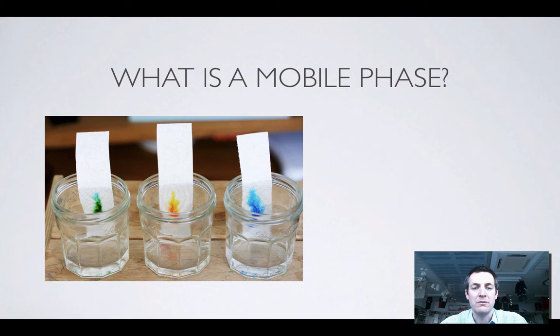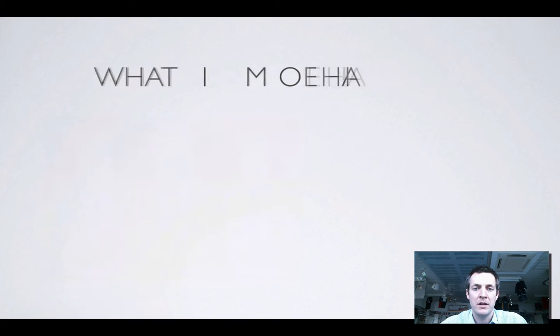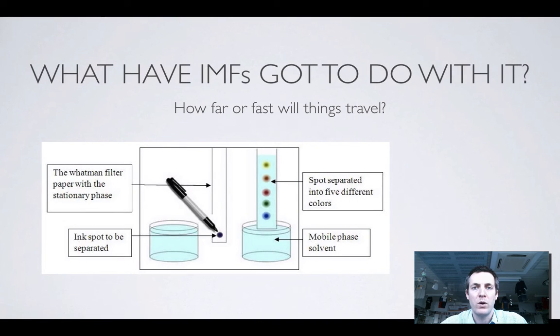And what we observe is that some parts of the mixture move further than others. Okay? Now, if we try and explain why that is, what we've got to do is to consider what forces are formed between the parts of the mixture itself and the stationary phase and the mobile phase.